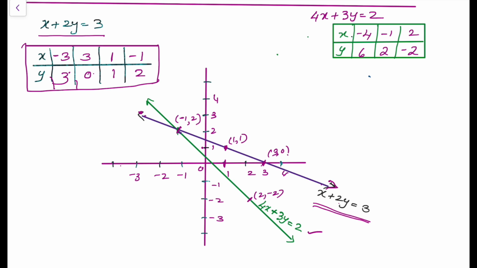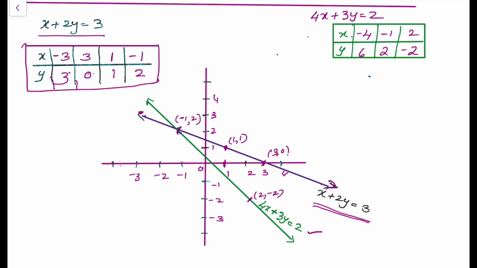Solution means it is the intersecting point of the two lines. If you don't get a solution, that means the lines are parallel. So now you have found the solution of the equations using a graph. Now we will learn different methods of how to find the solution algebraically, without the graph.